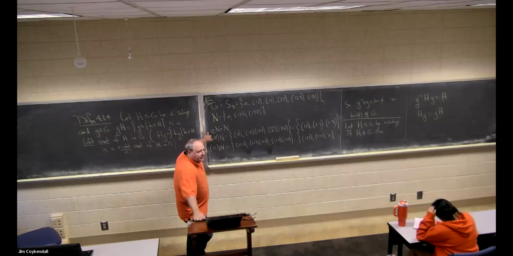What am I missing? 2, 3. And this is 2, 3. And let's see, 1 goes to 3, 3 goes to 2, 2 goes back to 1. And this is 1, 3, 2. So these 3 things are the left cosets.